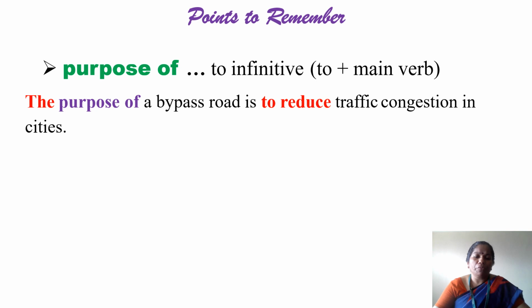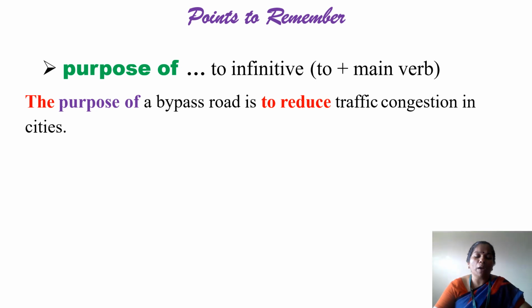The purpose of a bypass road is to reduce traffic congestion in cities. Do you know one thing? Any purpose statement answers the question for why. See, what may be the question from this statement? Why do we use a bypass road?